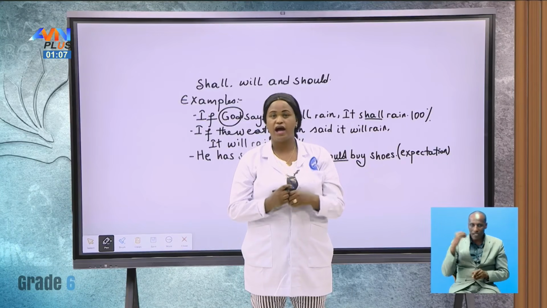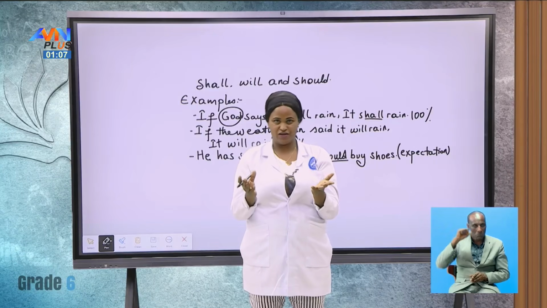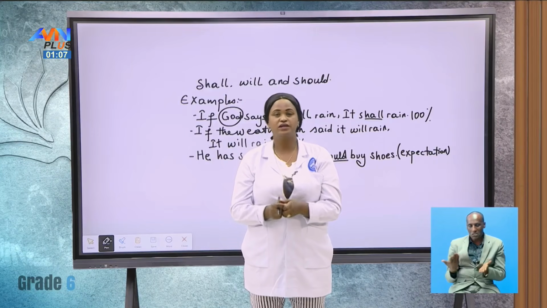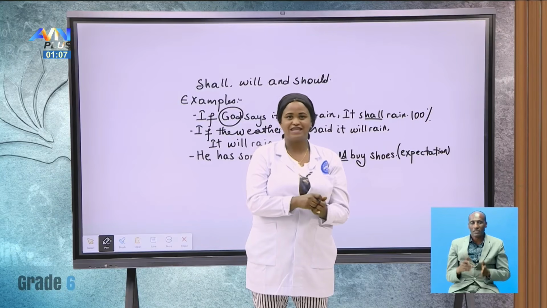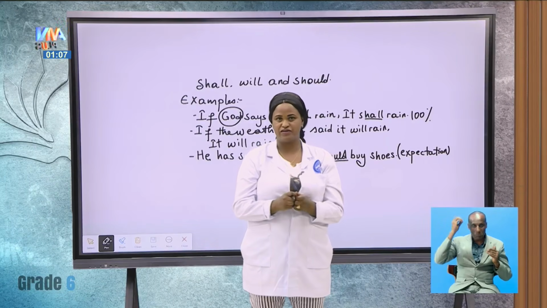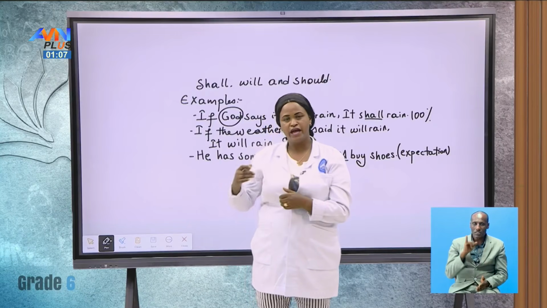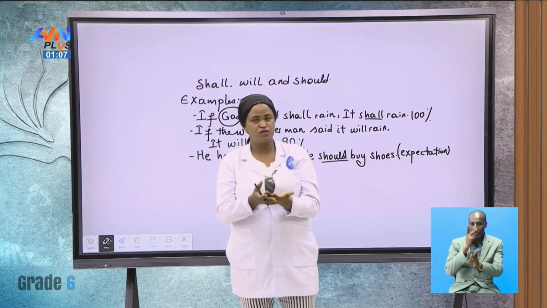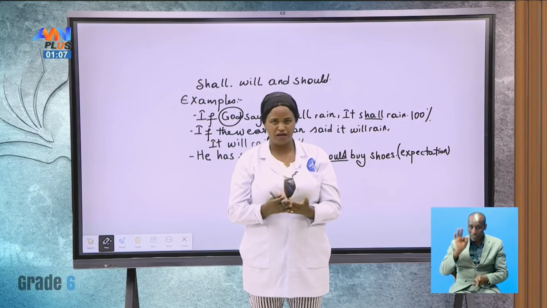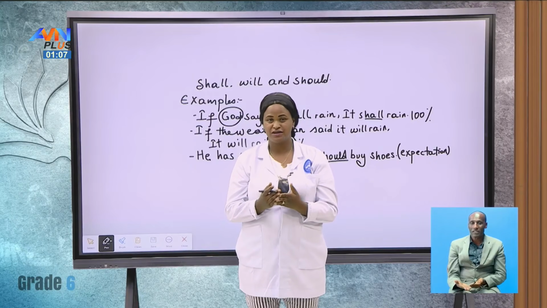Shall is for 100% certain, or the greatest possibility rate. And will is something a little less than shall, but its possibility rate is 90%. And should is for a future possibility that we expect. Did you get my explanation?